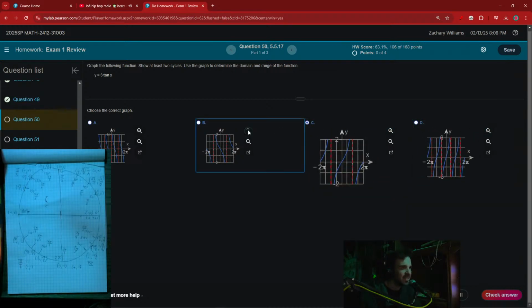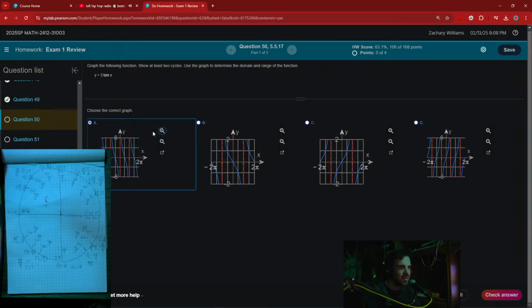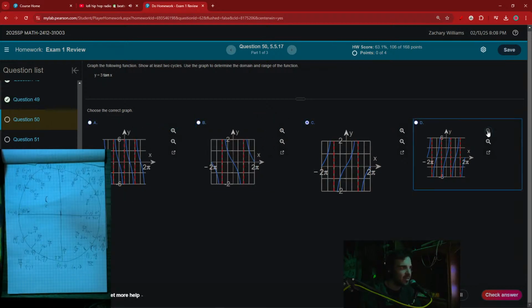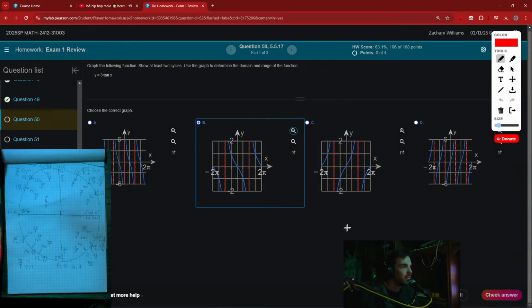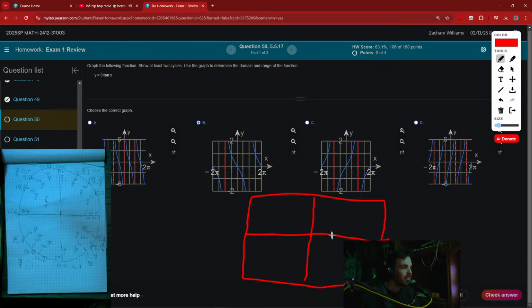All right, this is where I'm gonna start getting tripped up, because the tangent, secant, cosecant functions are the ones I'm least familiar with. Okay. So the tangent function, we have asymptotes at pi over 2 because the period is pi.